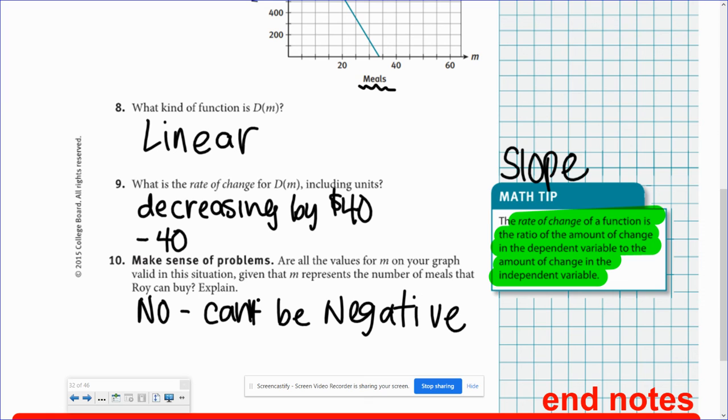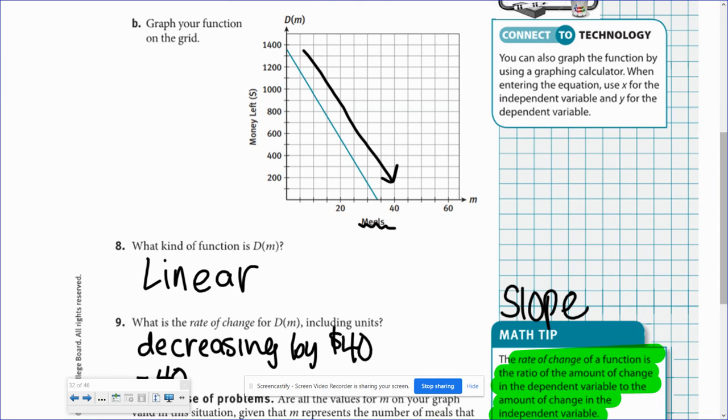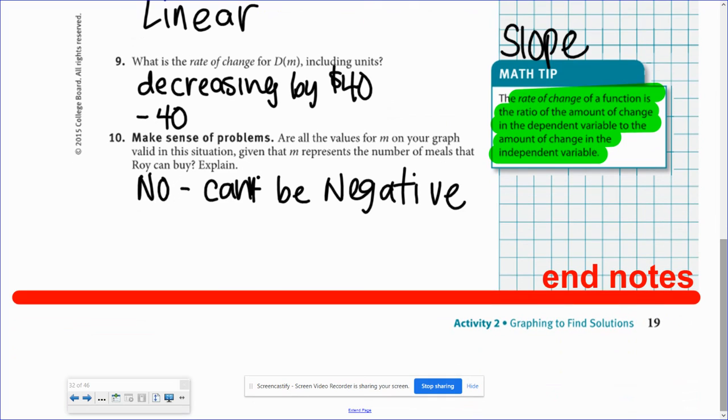And also, if we look at our graph here, what's eventually going to happen to Roy's money is eventually he's going to run out of money, right? He doesn't have unlimited funds.